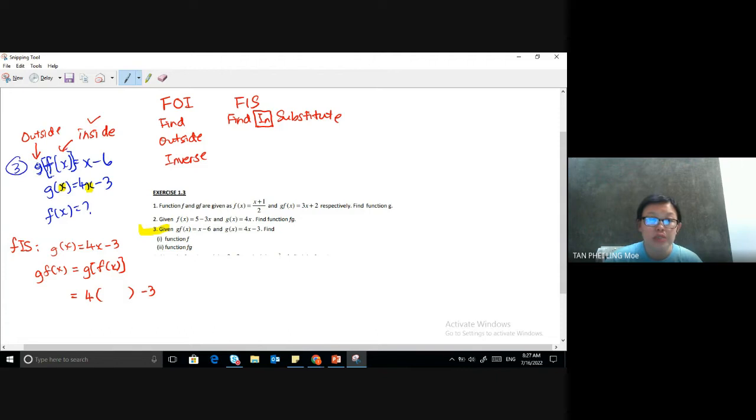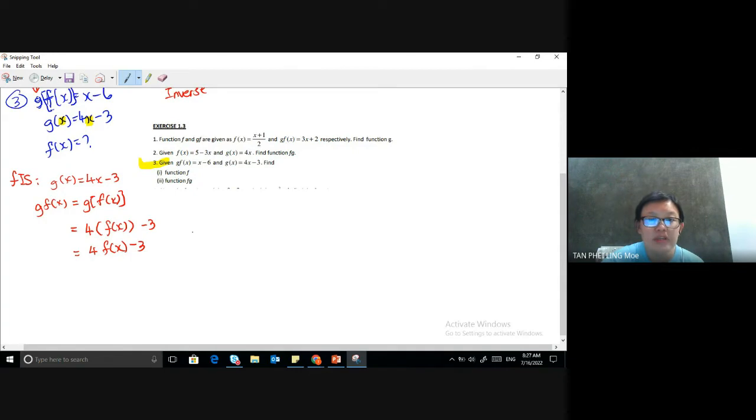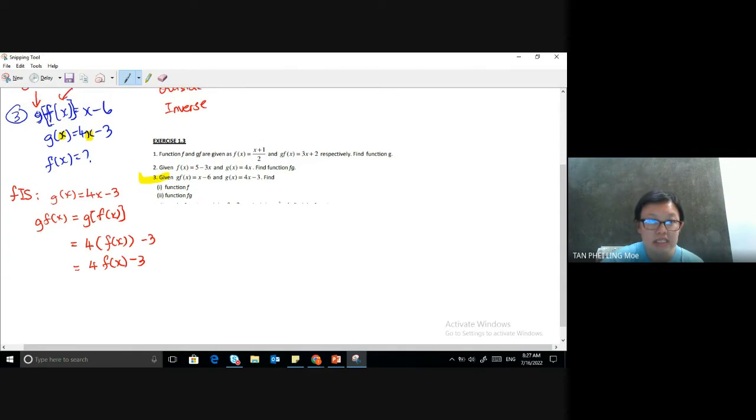You don't know, that's what you want to find. So you put the whole f(x) in. It becomes 4f(x) minus 3. Now, what is g(x)? It is given: x minus 6. So I can write down x minus 6.